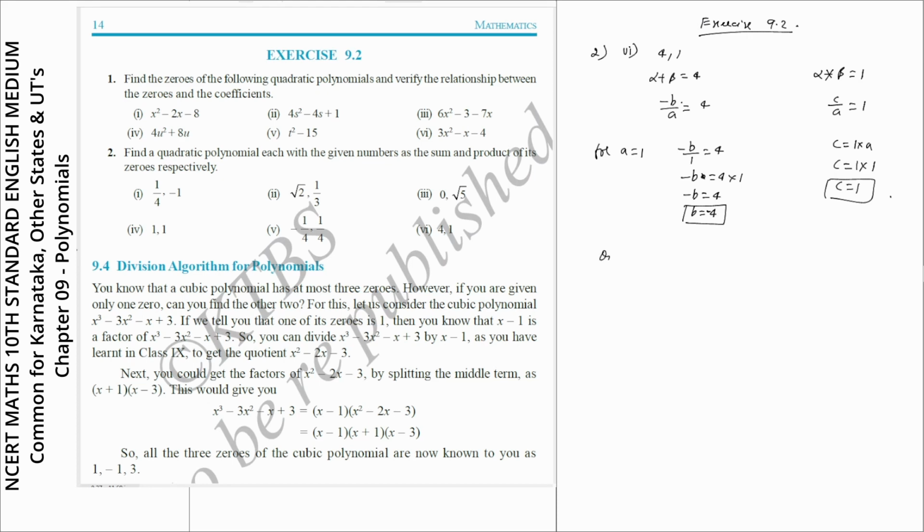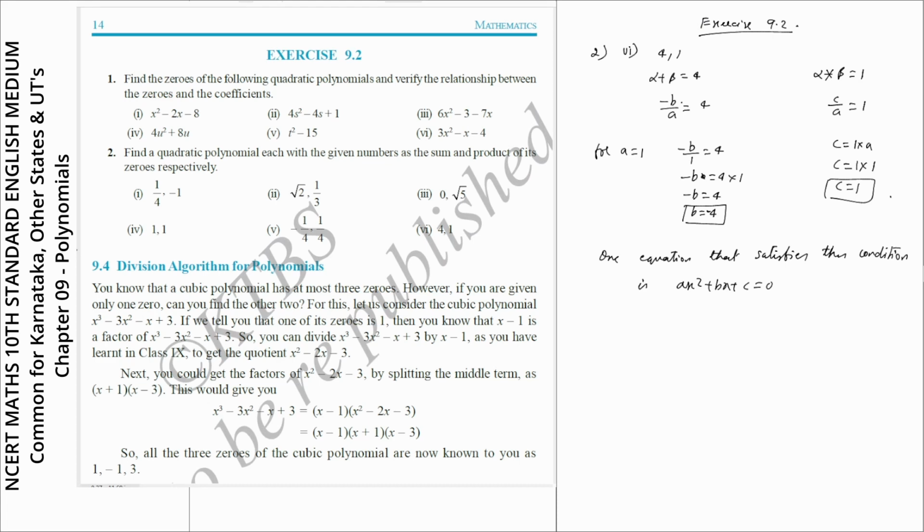Therefore one equation that satisfies this condition is ax square plus bx plus c is equal to 0, which is that condition alpha plus beta is equal to 4 and alpha into beta is equal to 1.